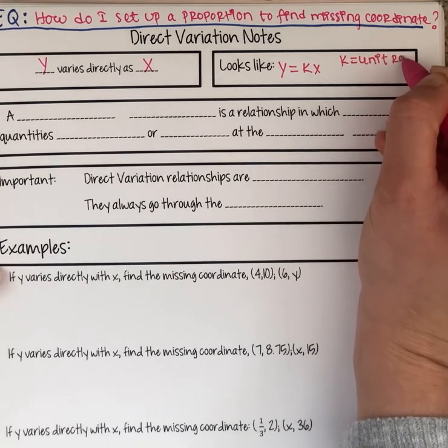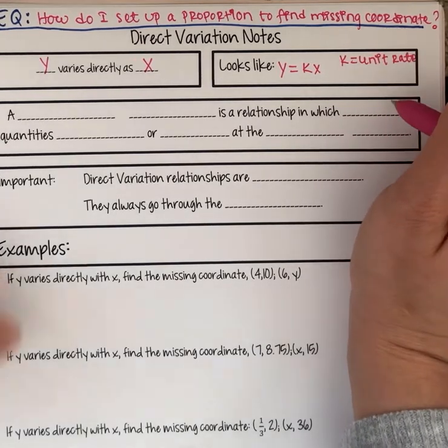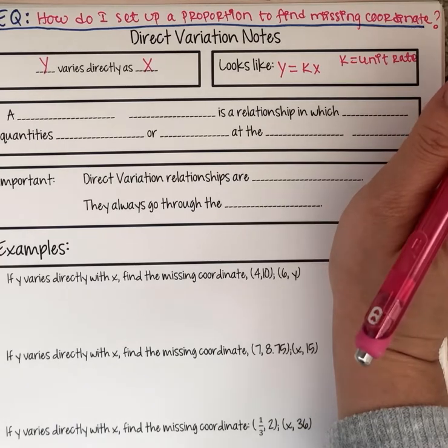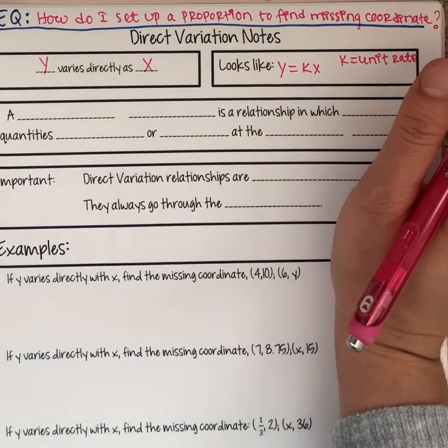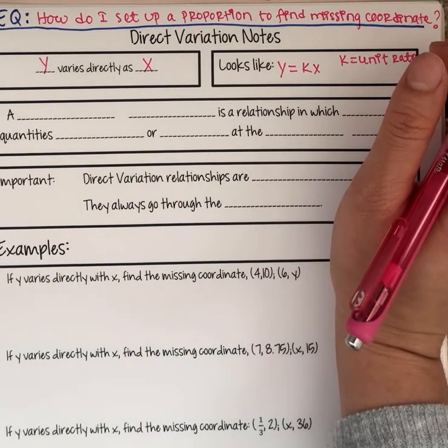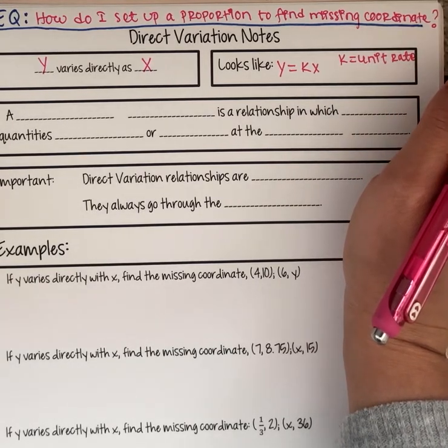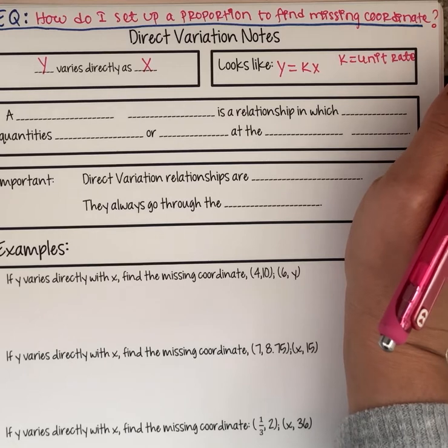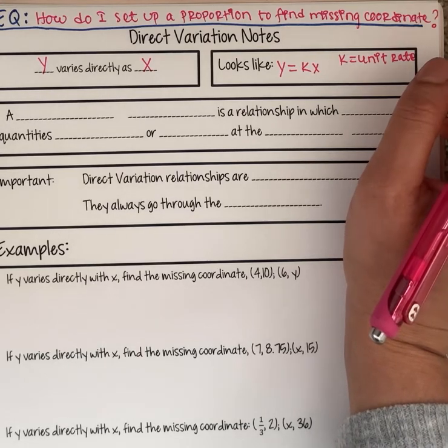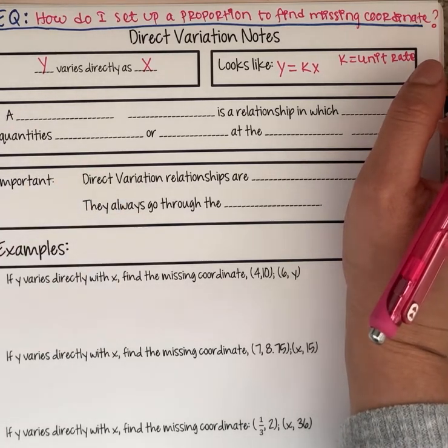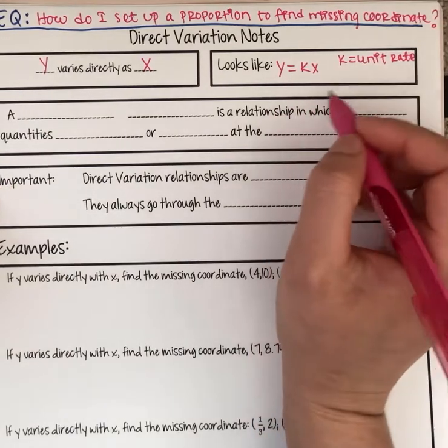Unit rate just means for one unit or for one thing, how much is something worth. So for example, the unit rate would be, for 1 pound of apples, it costs $1.50. So that's the unit rate because it's for 1 pound, okay? That's the basic concept.